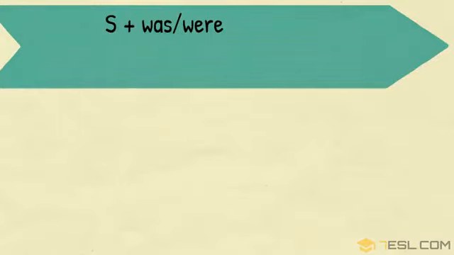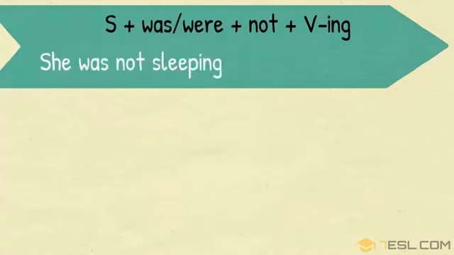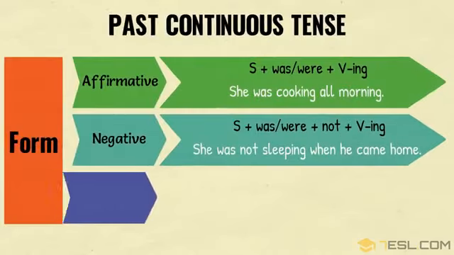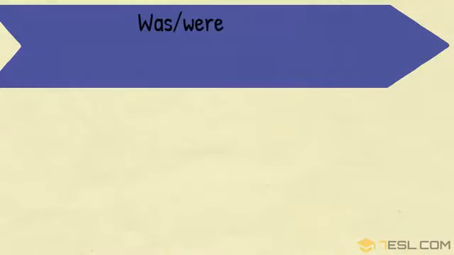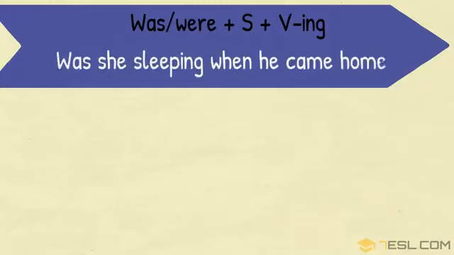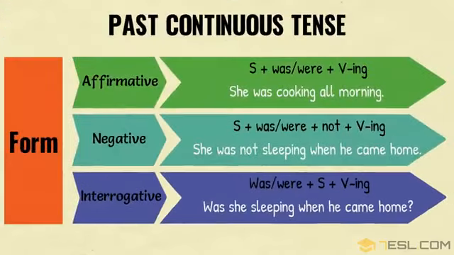Subject plus was or were plus not plus verb and ing. She was not sleeping when he came home. Interrogative. Was or were plus subject plus verb and ing. Was she sleeping when he came home?